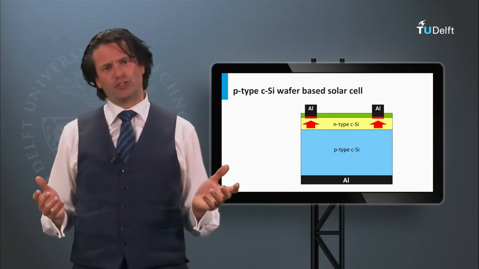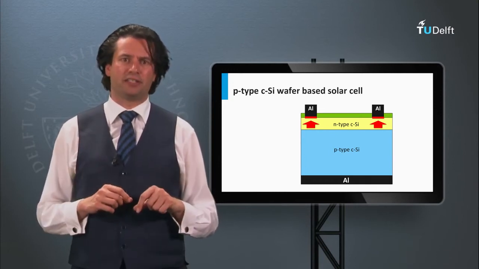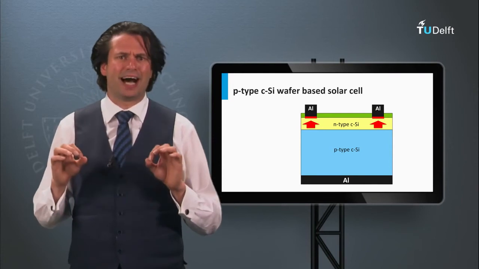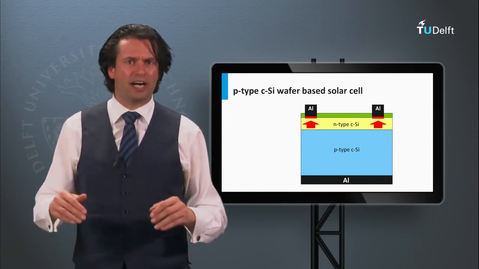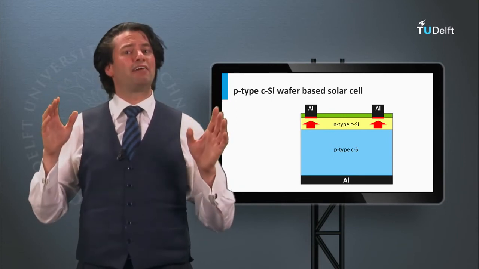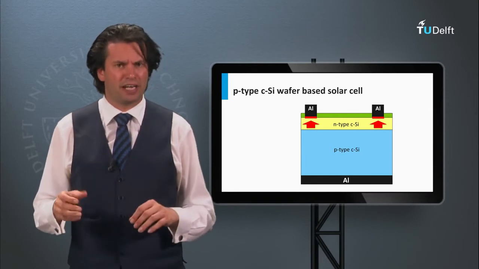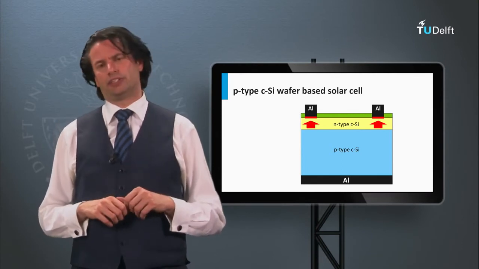In view of the scope of this course, it's too much detail to discuss this barrier in great detail. Keep in mind that this high barrier will give rise to a higher contact resistance. Again, high doping levels can reduce the recombination velocity at the metal semiconductor interface and reduce the contact resistance.